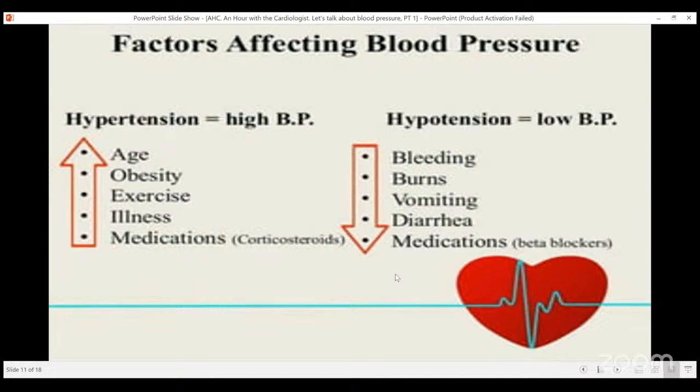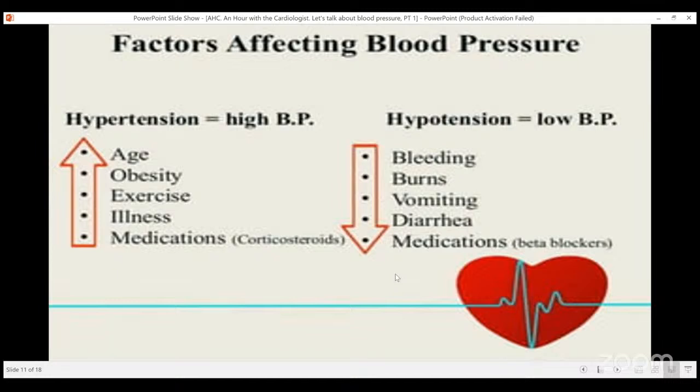Irregular heartbeat, we call it arrhythmia. If it's very, very fast and the heart is not having enough time to receive blood in during the relaxation phase, the person can come down with hypotension. Some people during pregnancy also experience hypotension. Pregnancy can go either way.